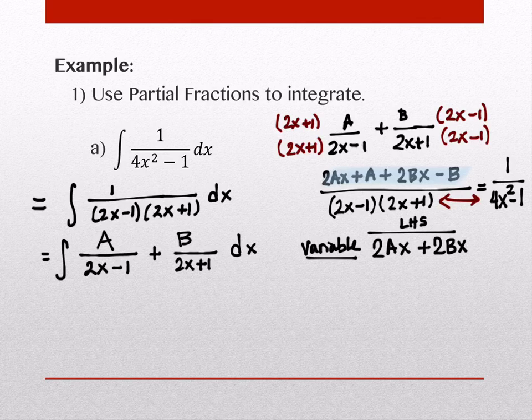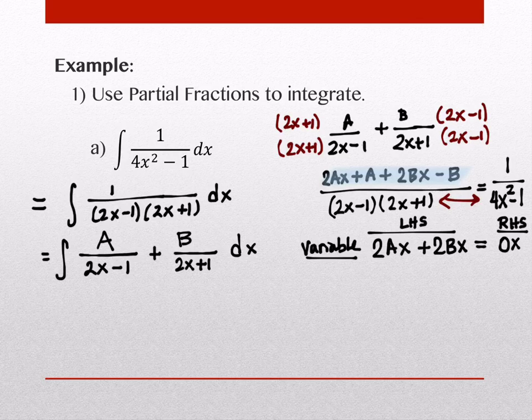We'll call it LHS, left-hand side. What is the variable part on the right-hand side in the numerator? There isn't one, right? It's 0x. The left-hand side, 2ax plus 2bx, has to equal 0x from the right-hand side.